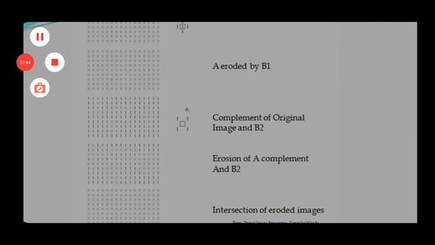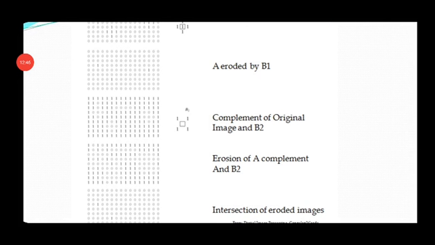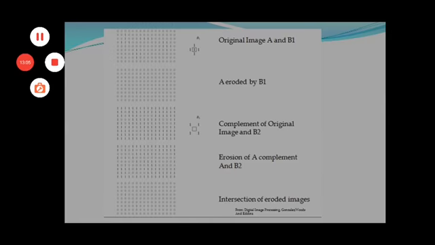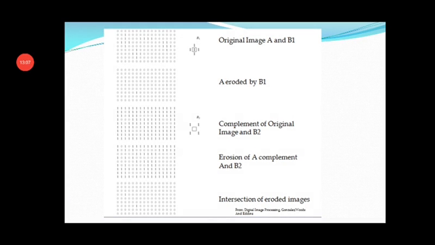Now I have to perform erosion of A complement with structuring element B2. B2 is given here. Now you go and keep it the same way on each pixel.